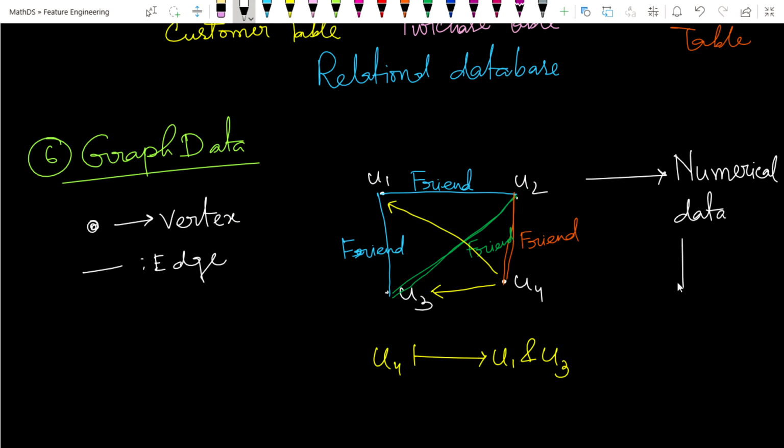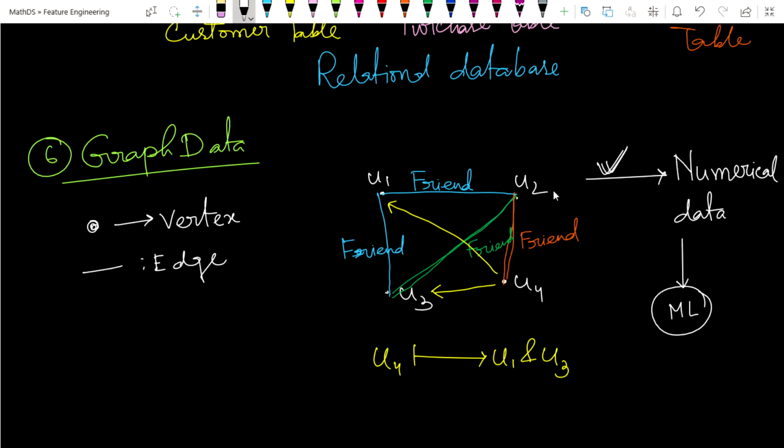After converting it, we can easily apply ML algorithms. This is the main challenging part: what kind of features do we take from the users, and how do we convert graph data for our considerations?